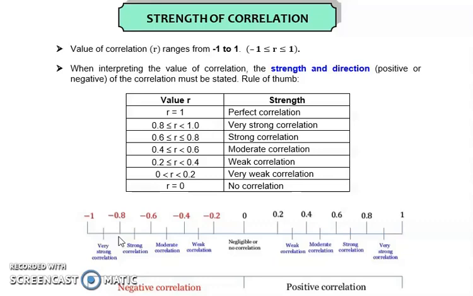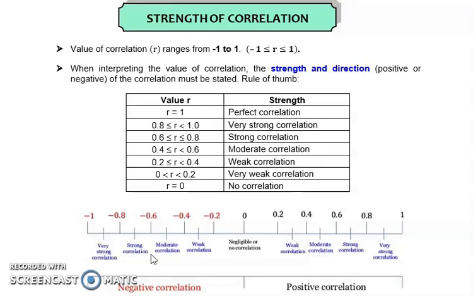Then if you get a test mark of, for example, 50% and above, 50% means that you already passed for that test. So starting from 0.5, we can say that it has a moderate correlation. Then below 0.5, you can say that it is a weak correlation. So that is the easiest way to remember the strength of correlation.